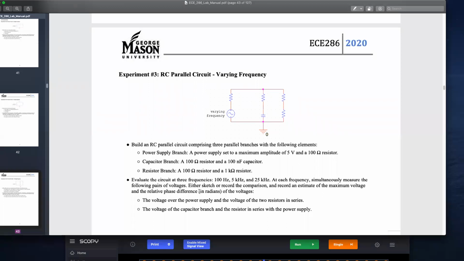Then you want to measure the voltage drop of the 2 resistors in series, and the power supply and the capacitor branch and the resistors in series. So this resistor and these resistors' voltage drops and the phase shift between these.